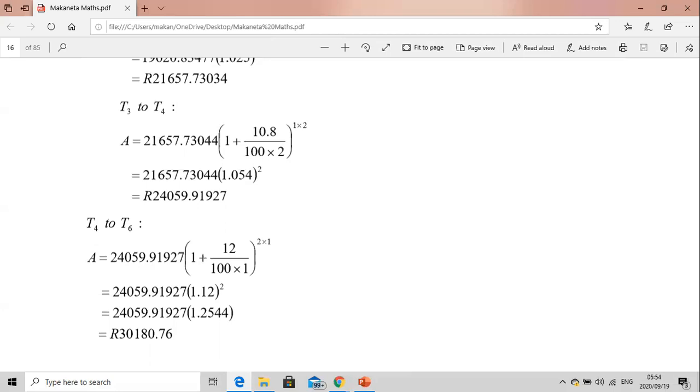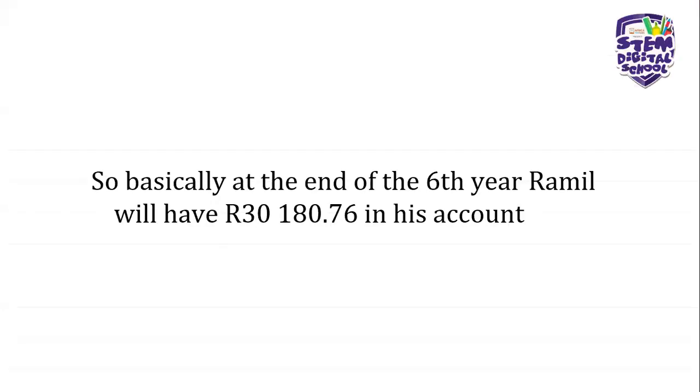I hope that we will be able to look at that and be able to analyze it. And as we wrap up our lesson now, so basically at the end of the 6th year, the amount of money will be 30,180 rands and 76 cents.